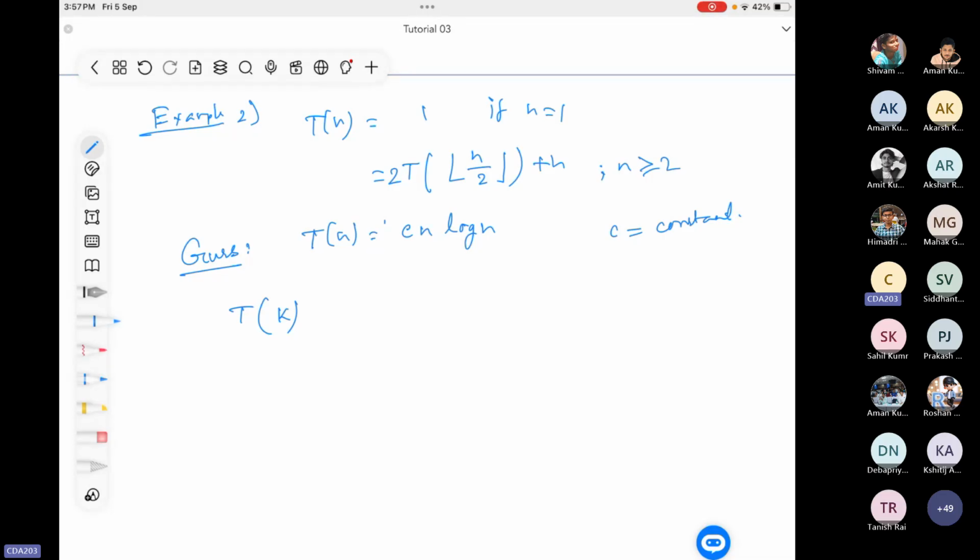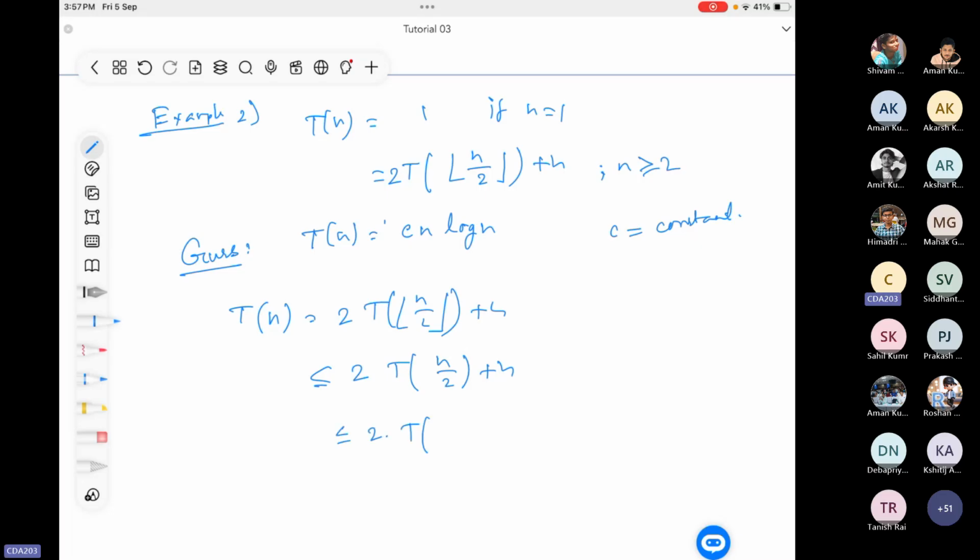Why I am thinking about C n log n is because if you break this term, you can write it as T(n/2) plus n. Now if you break it and think about this as C n log n, what would be the solution?